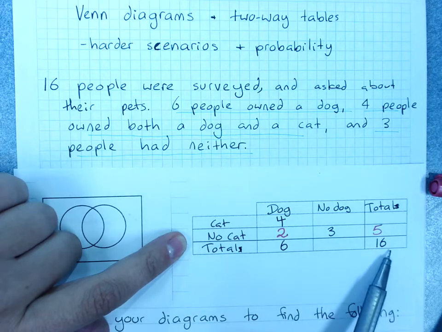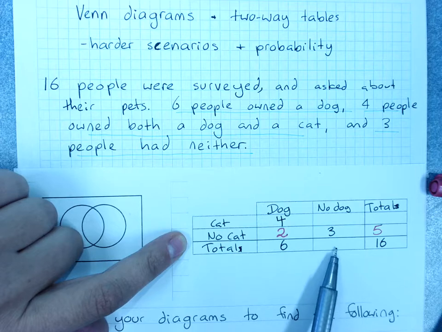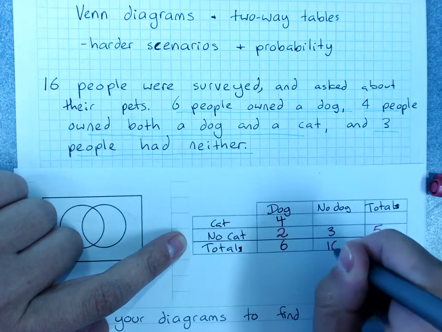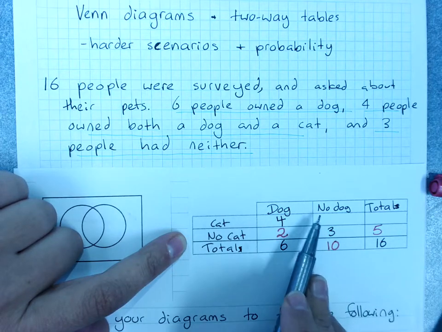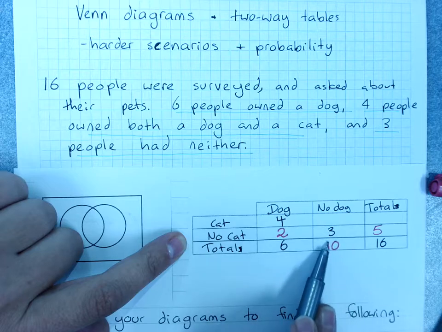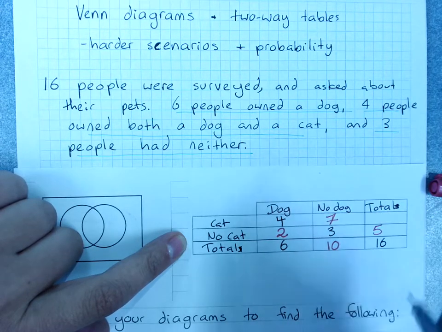From there, we've got some other totals. I know there's 16 people, 6 own a dog, so how many must be no dog? Must add up to 16. That's 10. Then I can get cat but no dog, because this column has to add up to 10, so I can see there's 7 here.